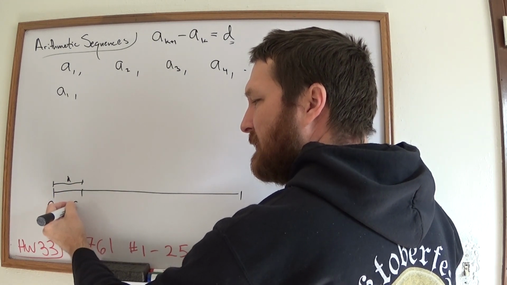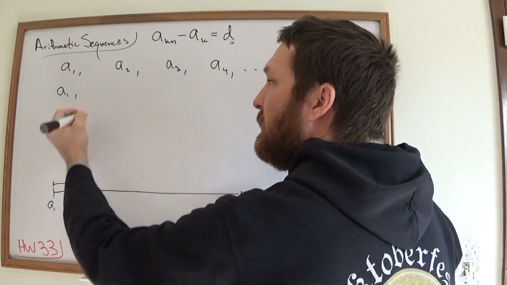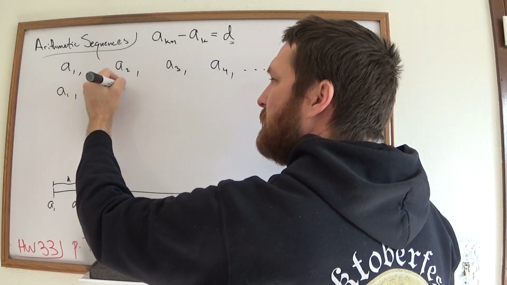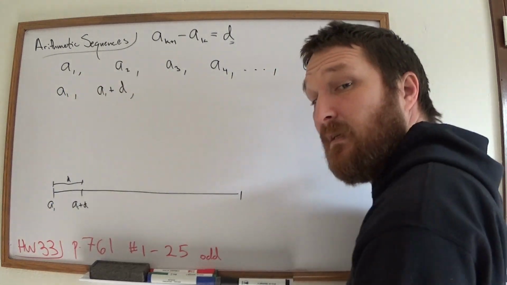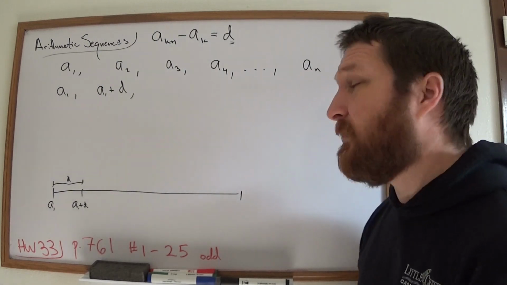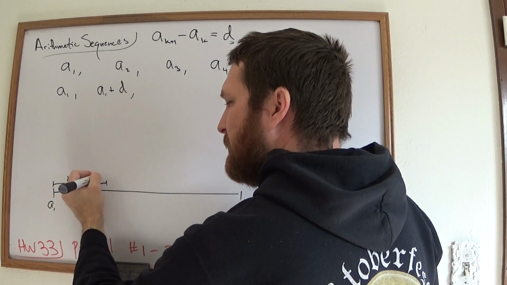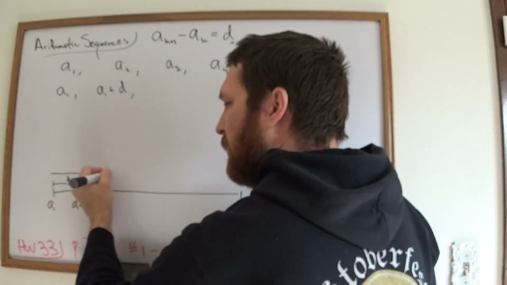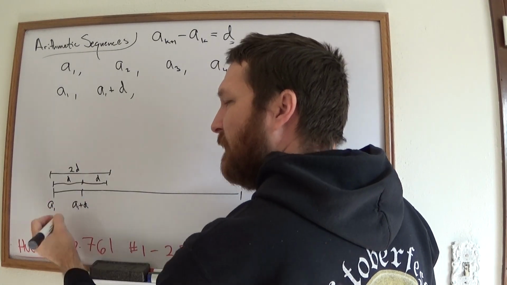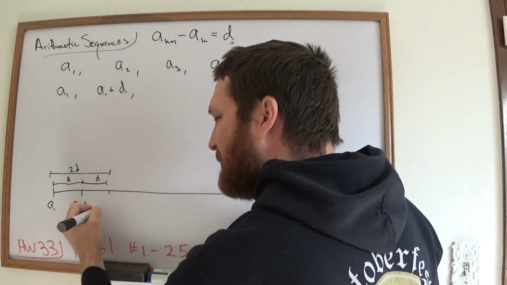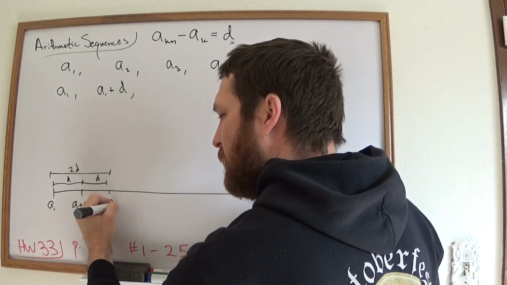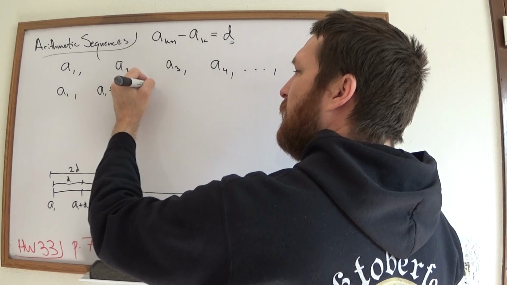That's A2, but that's the same thing as A1 plus D. So you have your A1 plus whatever that distance is. Distance or difference, it's nice, I use D in both cases. Now you go one more of the same distance, D. You've gone a total of 2D from the beginning, and you get to the next one, which is A1 plus 2D. And so on and so forth.